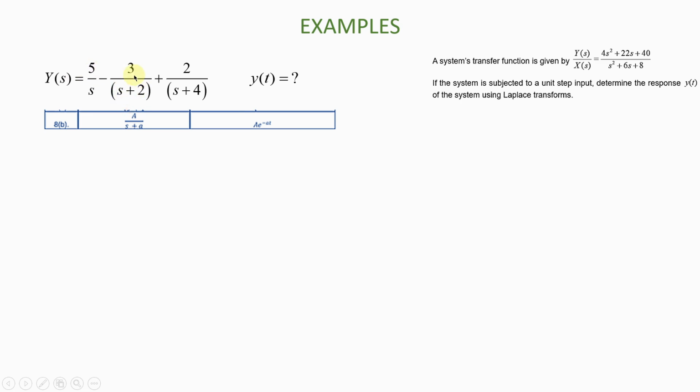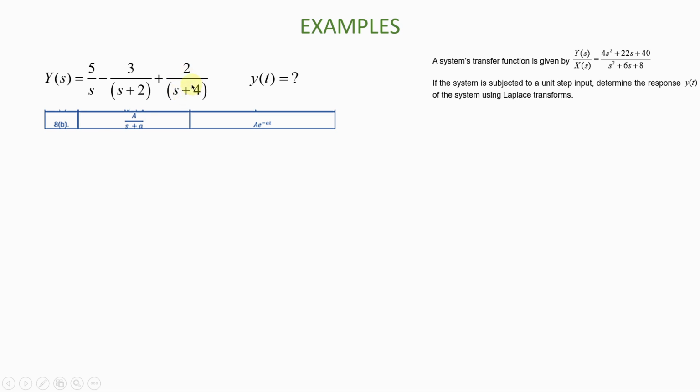If we look at the second one in the middle here, capital A is 3, small a is 2. So therefore, in the time domain, this one will be 3e to the power of -2t, okay? So it's going to be 5 minus 3e to the power of minus 2t.